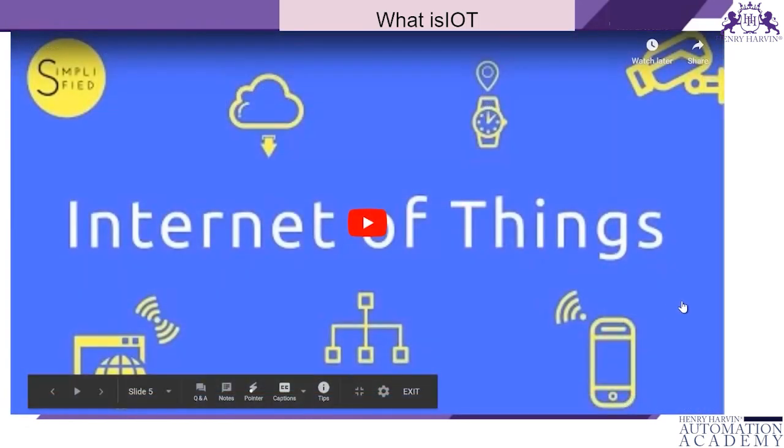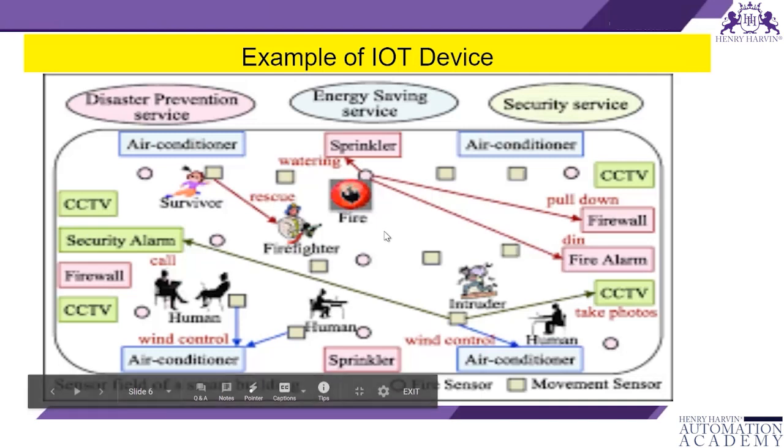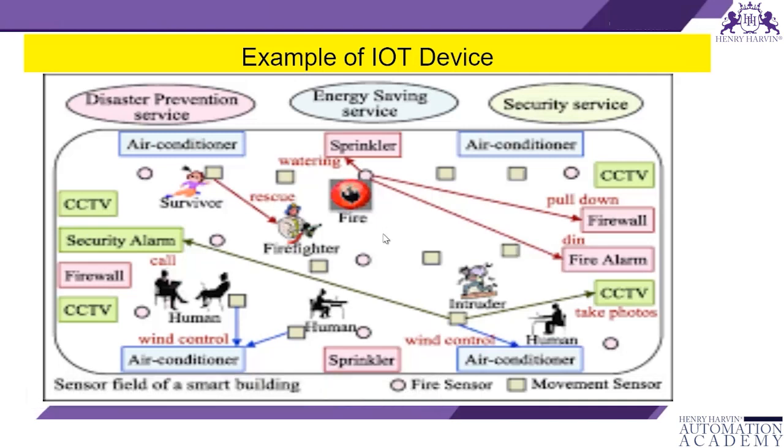So here we saw how Internet of Things can be used for various applications. We have already seen a few examples of IoT devices. Through this image, we can see how IoT can be used in the air conditioner, the sprinkler, CCTV cameras, and the fire alarm.